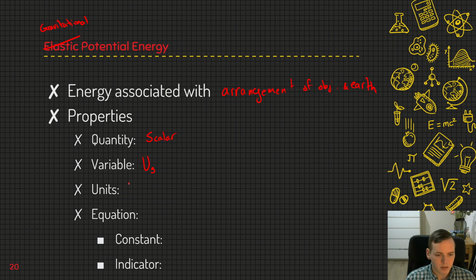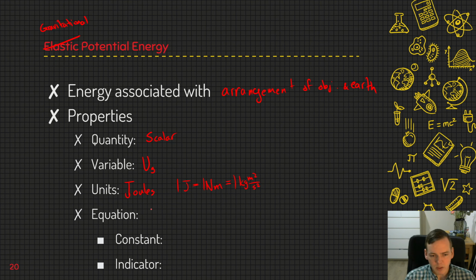The units, like all energies, are in joules. And as a quick reminder, 1 joule equals 1 Newton meter equals 1 kilogram meters squared per second squared.